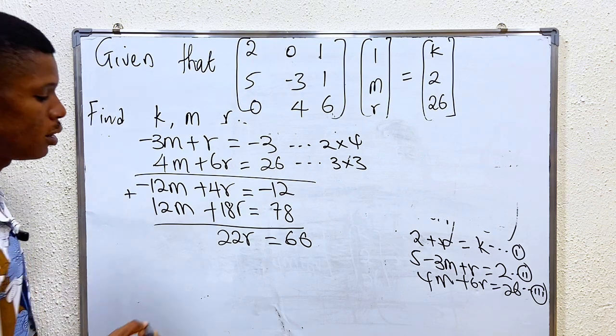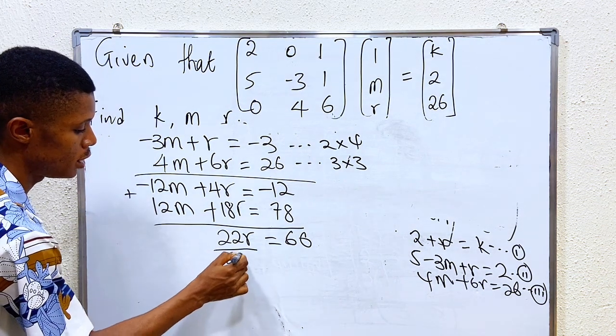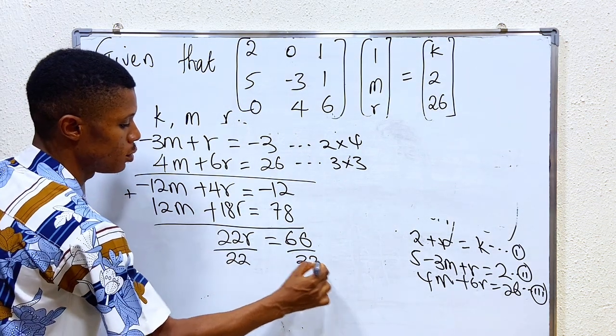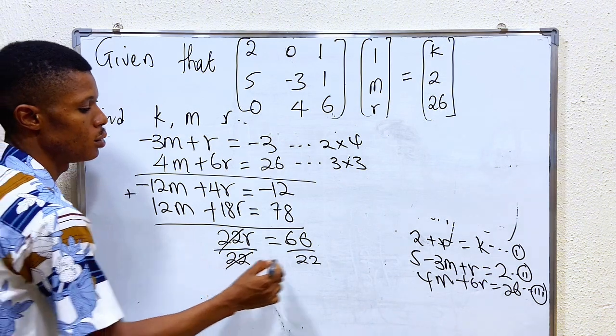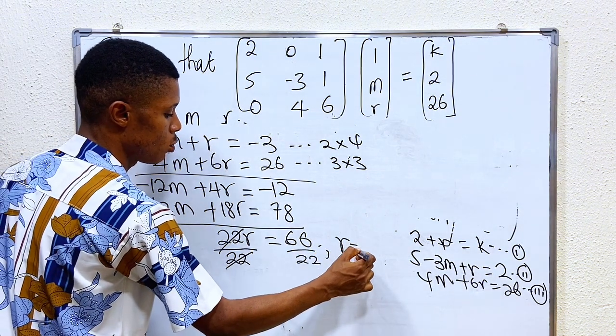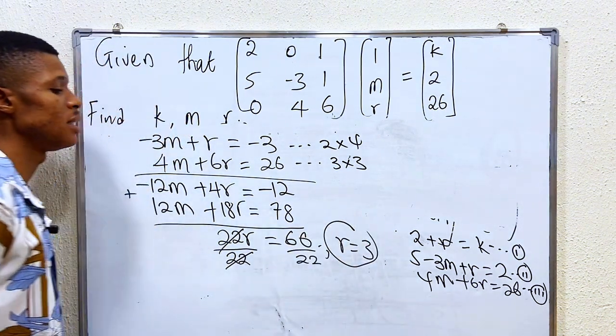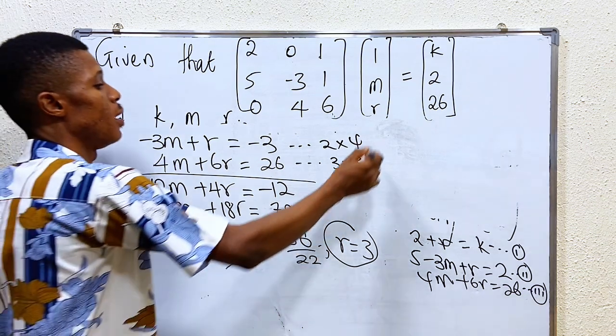To get the value of r, you divide through by 22. If you divide by 22, you see that r is equal to 3. So r is 3. We've gotten the value for r.